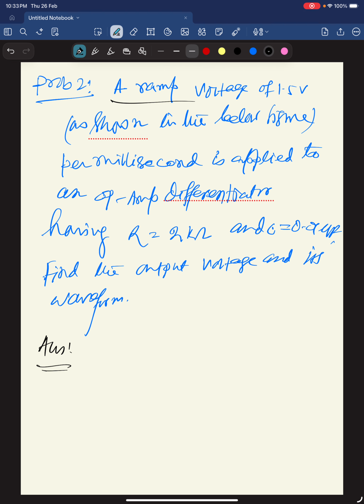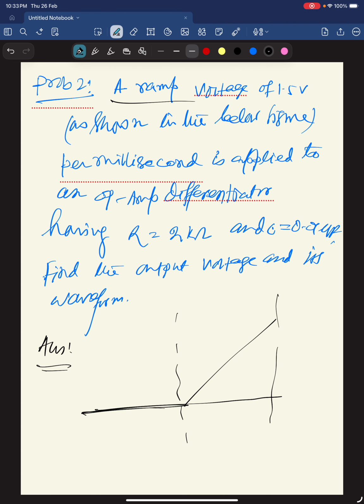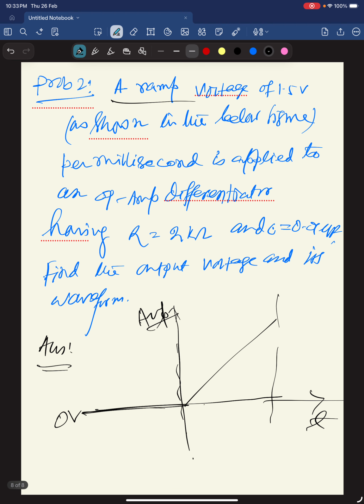Now answer. What is that? A ramp. So we draw the ramp signal first. In this direction time, in this direction amplitude. So here 0 volt, here it's going like this.